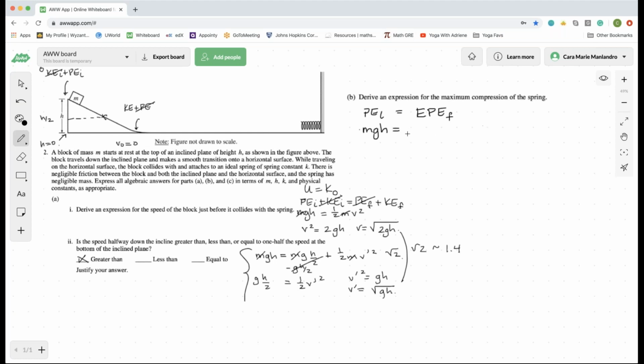And then you guys already knew that elastic potential energy is 1/2 k x squared. All right. And so then we just need to solve for x. All right. So 2 mgh over k is equal to x squared. So x is the square root of 2 mgh over k.